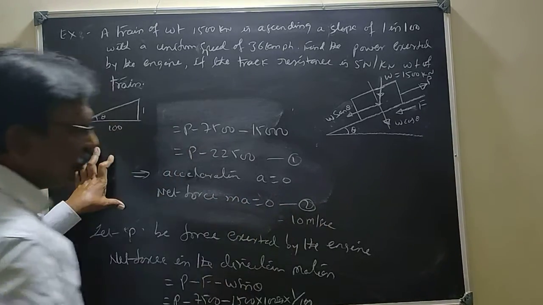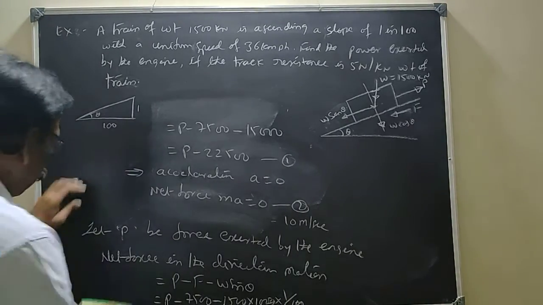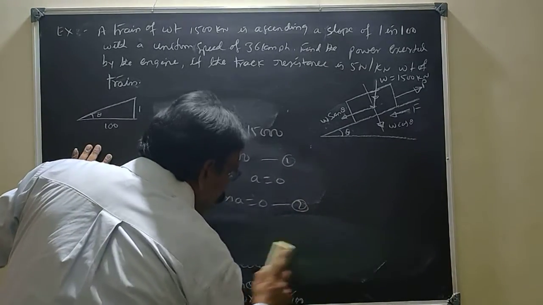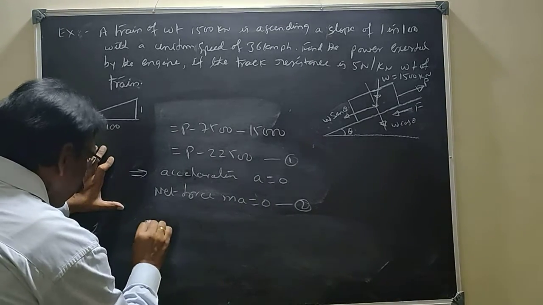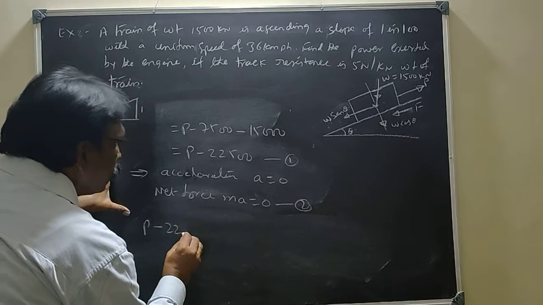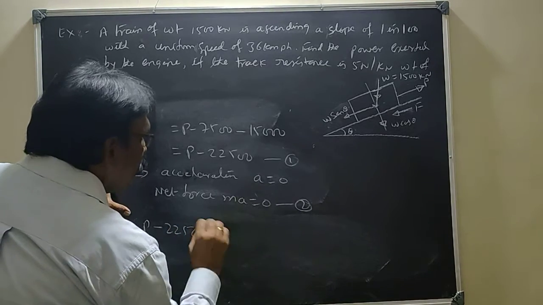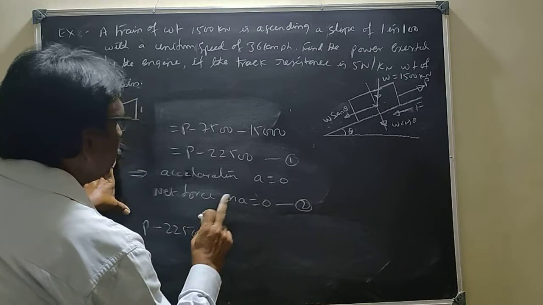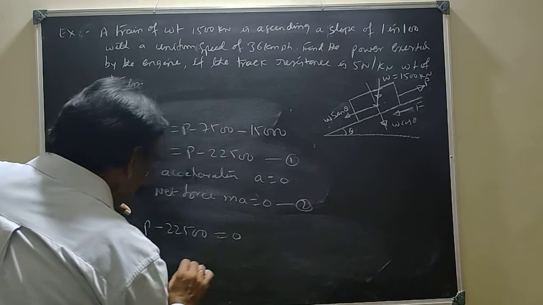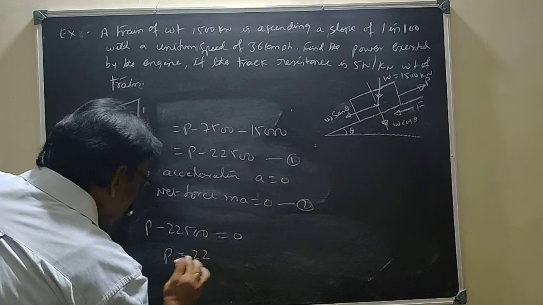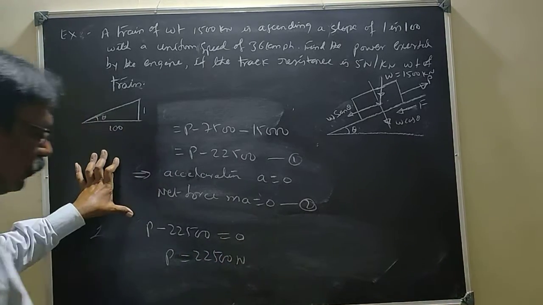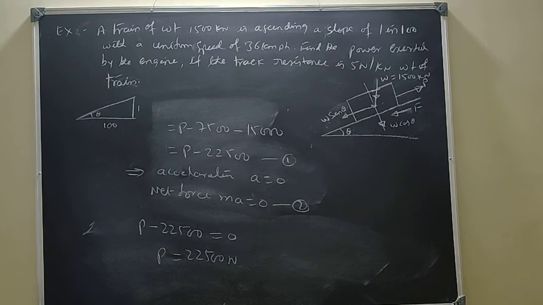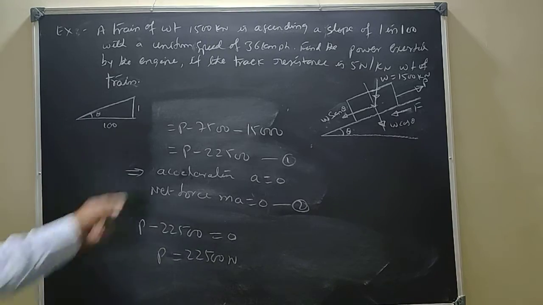So if we call this 2, now equating 1 and 2, what you will get is P minus 22,500 must be equal to 0. Therefore P is equal to 22,500 Newton. This is the force exerted by the engine in order to overcome the frictional resistance and the weight component.